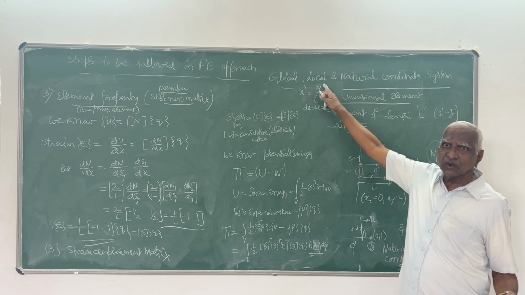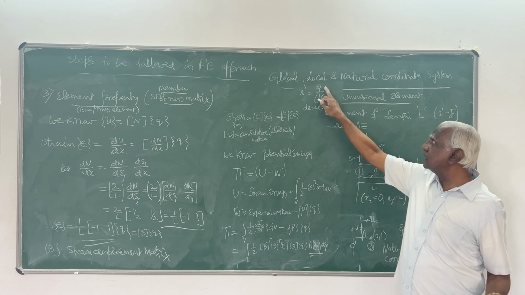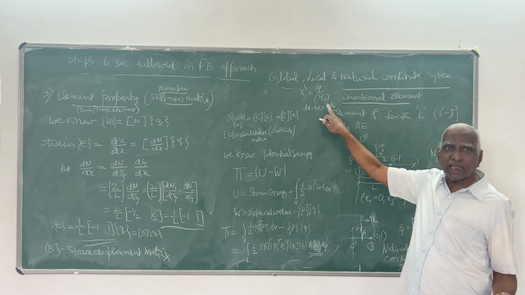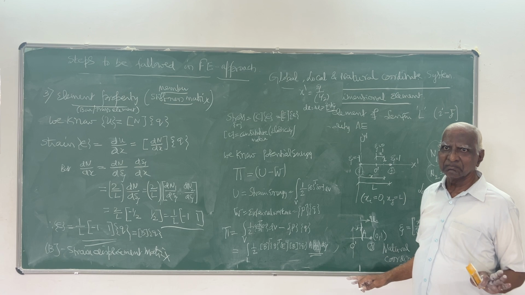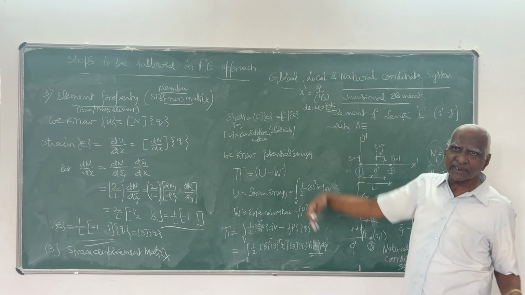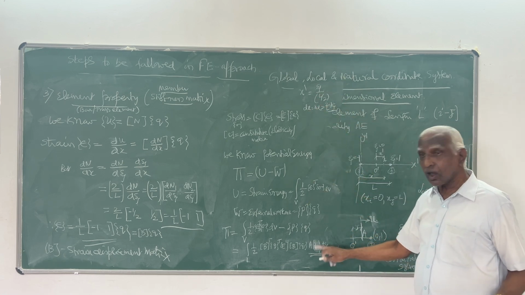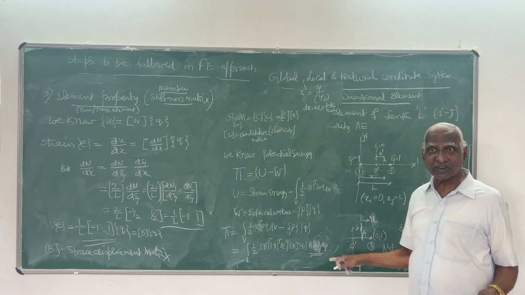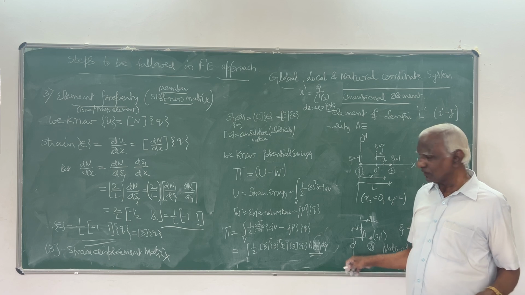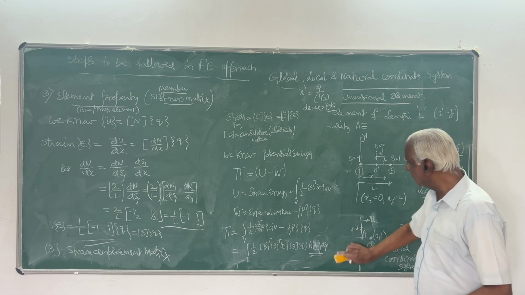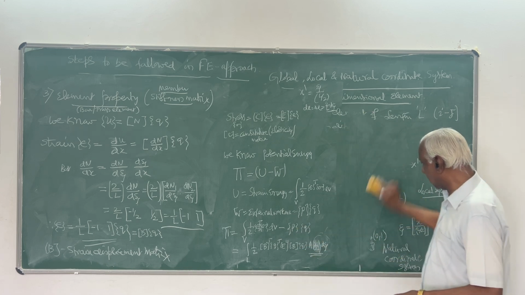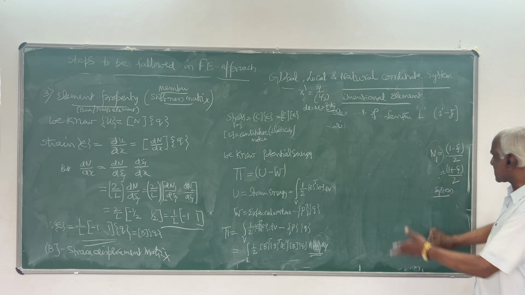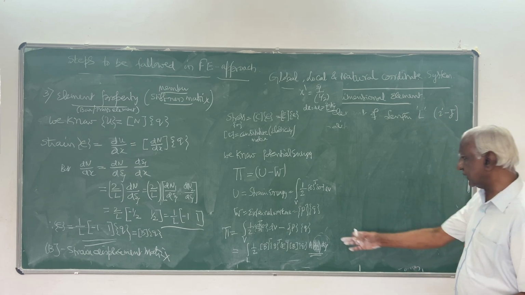It is just a ratio. Therefore dx is d psi times L by 2, or d psi is 2 by L. That's all. Always you are forgetting this, you should not forget. Now we can integrate it.